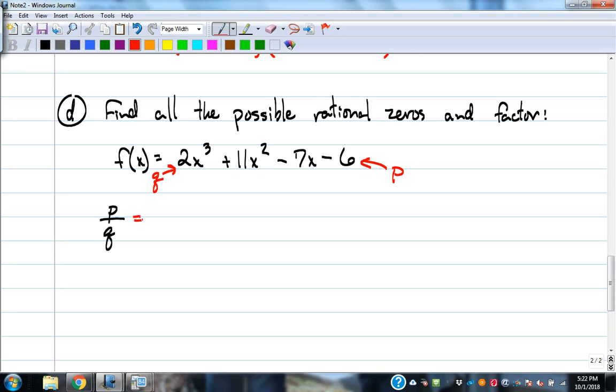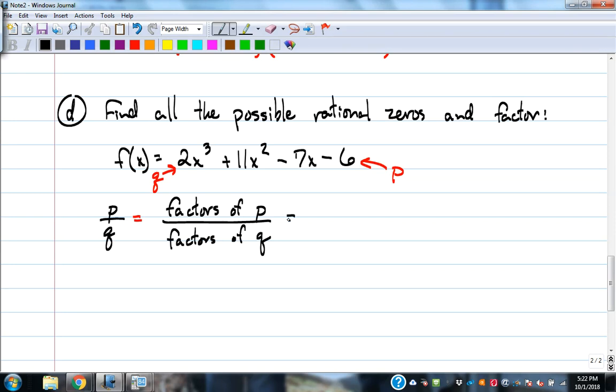Okay? To find the list of possible rational zeros, we need all the factors of P divided by all the factors of Q. Okay? Factors mean numbers that divide into that number evenly. Okay? So factors of P in our problem here is 6.